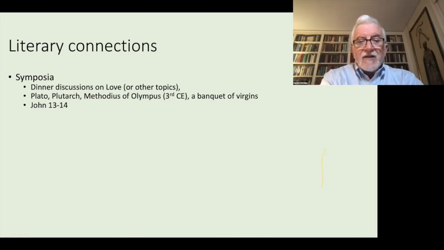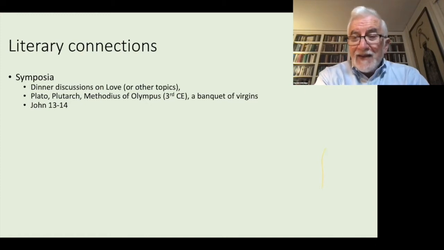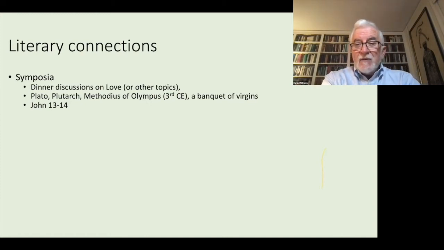And then the category is picked up by early Christians. We have in the 3rd century a bishop named Methodius of Olympus, who does a symposium of virgins, talking about their virginity. Love is a big theme in a lot of these symposia because it's there in the archetype of symposia, Plato's Symposium, where the issue on the table is, what is love?